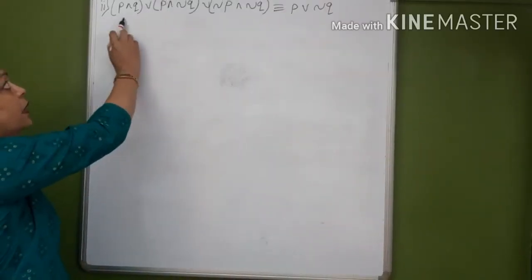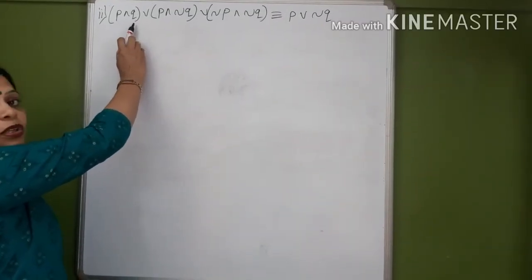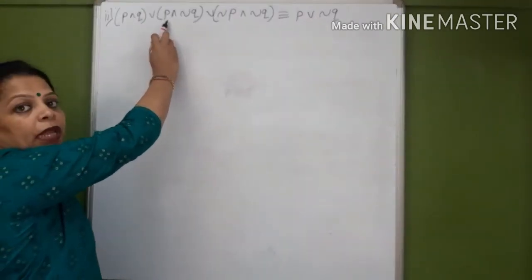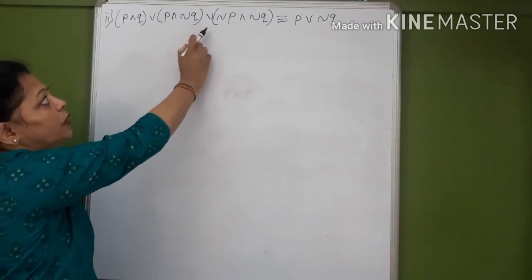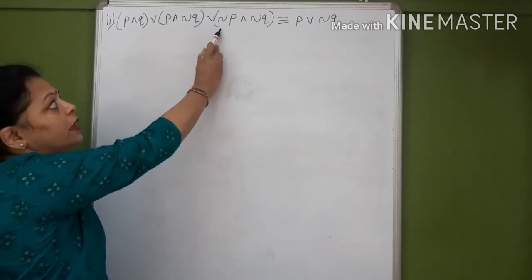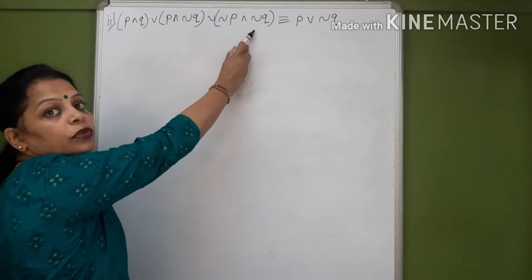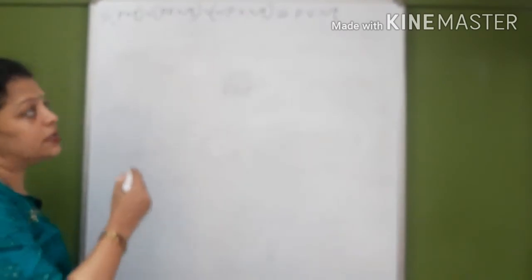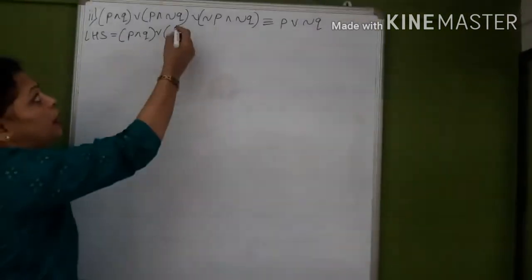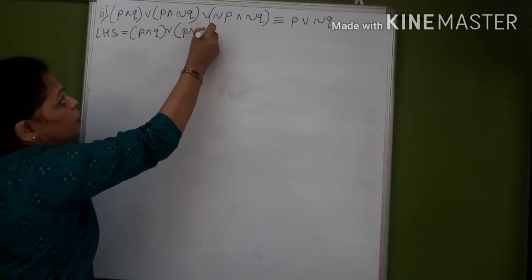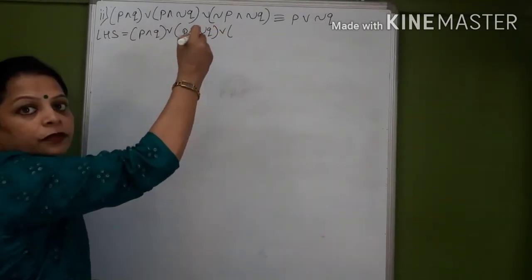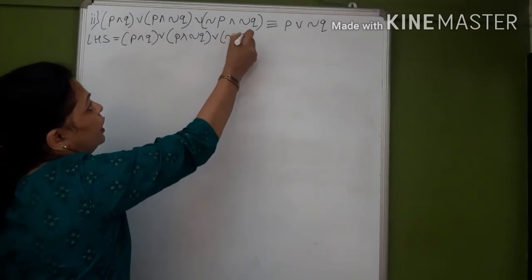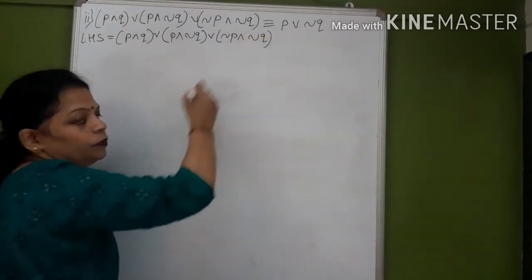Let's see the second sum. (P and Q) or (P and negation Q) or another bracket (negation P and negation Q) equivalent to P or negation Q. Now let us start with LHS. P and Q or P and negation Q or negation P and negation Q. Right?